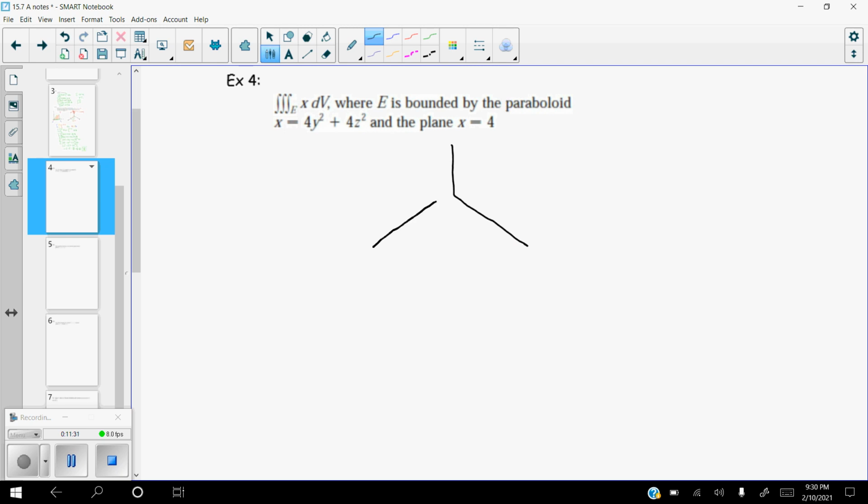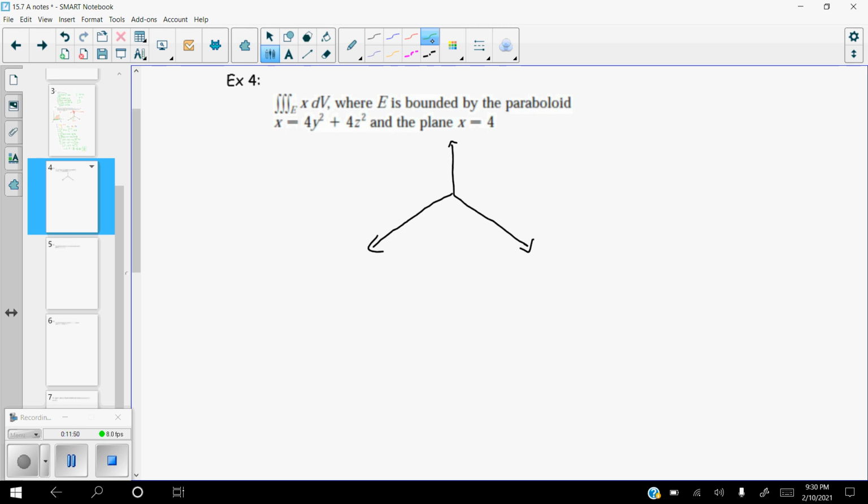And a lot of times this helps to determine your bounds. This is where we really kind of need to know how these things work. So a paraboloid basically is a parabola in 2 directions, and then because it's 4y squared and 4z squared, it's going to have a circular base or circular cross sections.